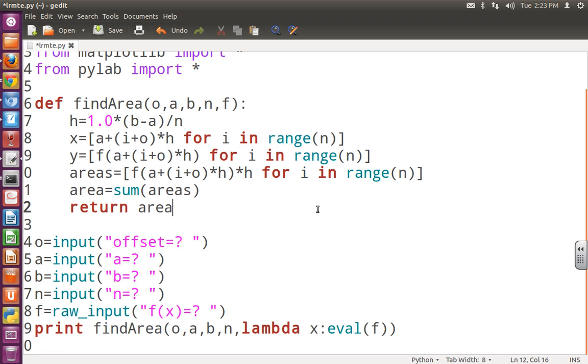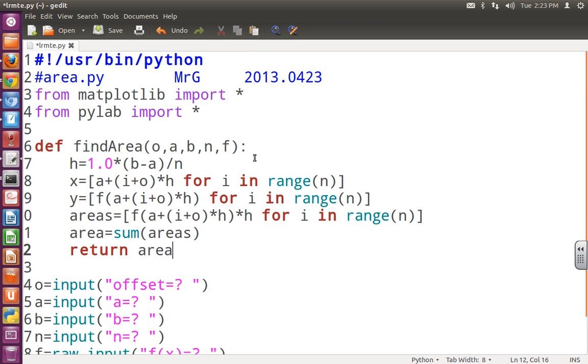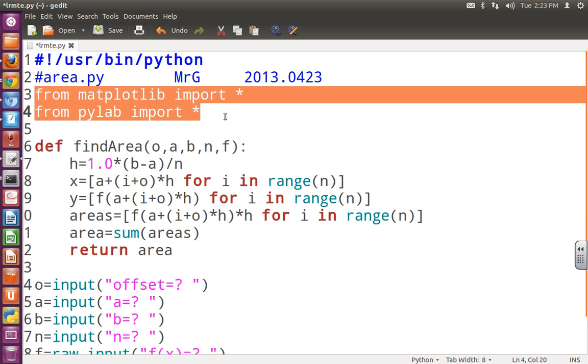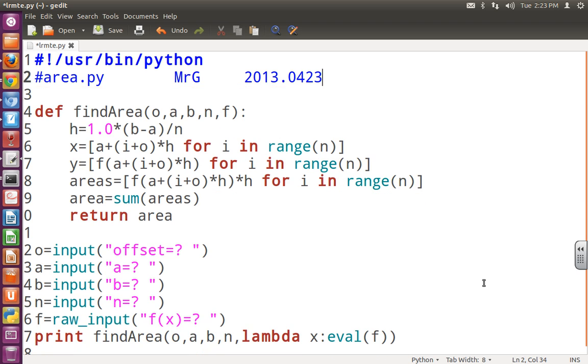That means when you run the program, LRMTE.py, don't hit enter. Hit a space and type your A. Hit a space and type your B. Hit a space and type your N, right on the command line. And hit a space and type your F. Okay, so that's what I'm going to do. I'm going to copy this 3 more times.